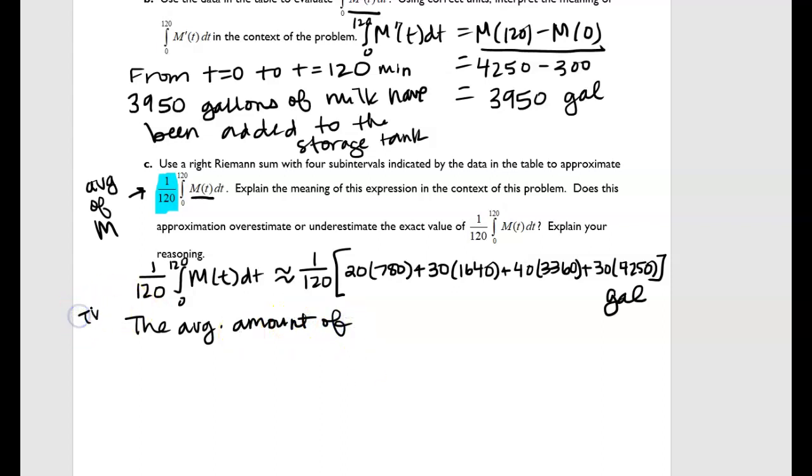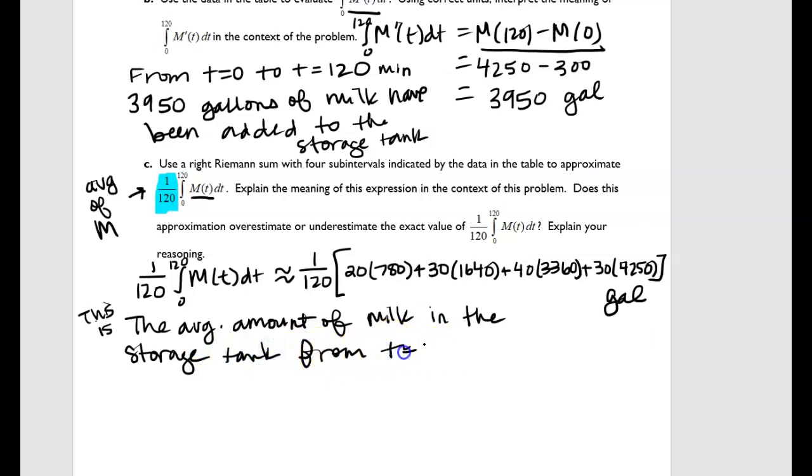Just to refer to it so I don't have to rewrite it, this is the average amount of milk in the storage tank from t equals 0 to t equals 120 minutes. As long as I put units up on this answer, I don't need to put that value back in here as long as it's written there on my page.